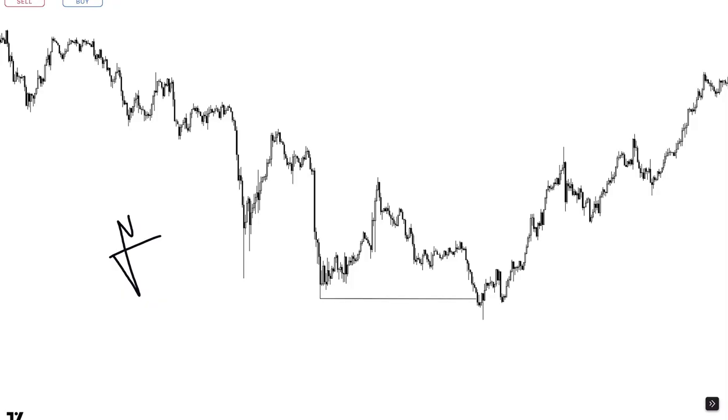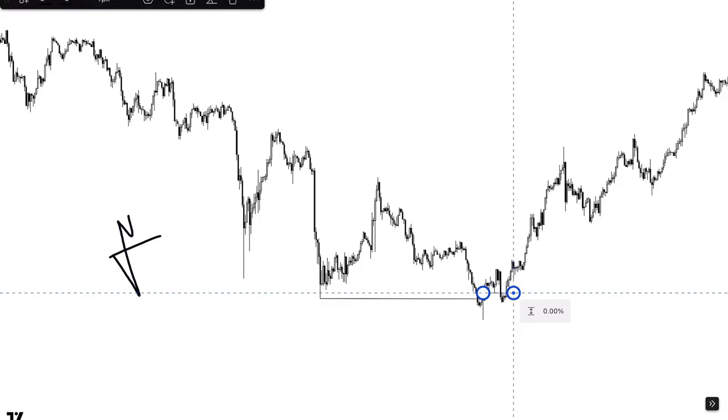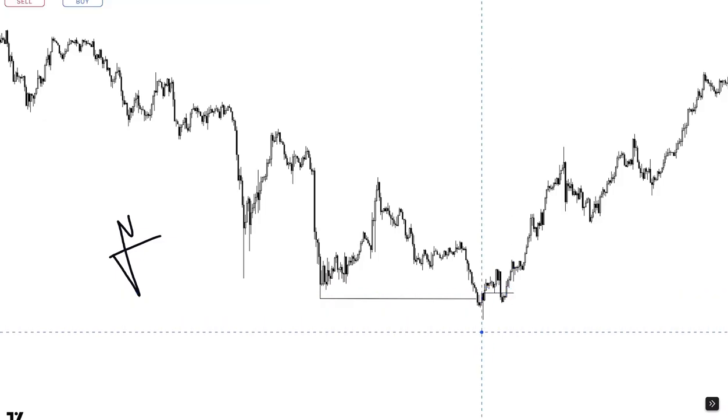So in this case, you're going to focus on the largest down close candle, which liquidated the old low, which is this one, right? And I'm going to use this one specific candle as my model number one.